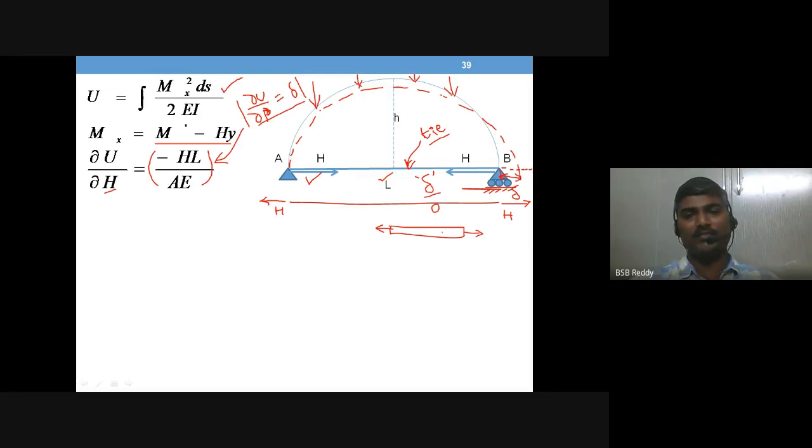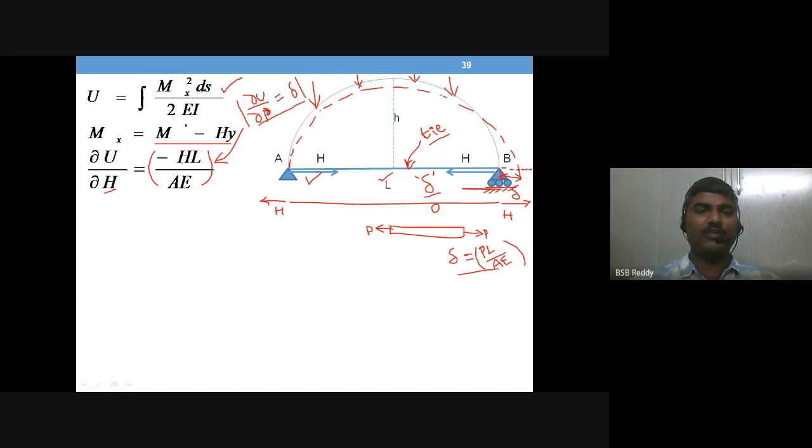Delta is equal to PL by AE, if it is P, and this is also a very well known formula for estimating delta in axially loaded members. This is what you are using right from your fundamental study in mechanics. Okay, so PL by AE is the delta.